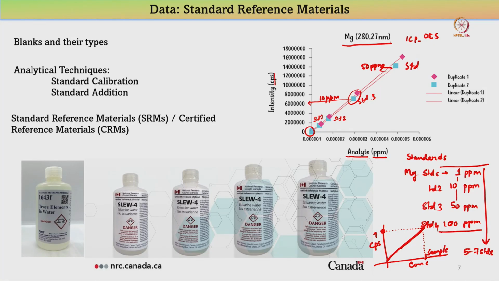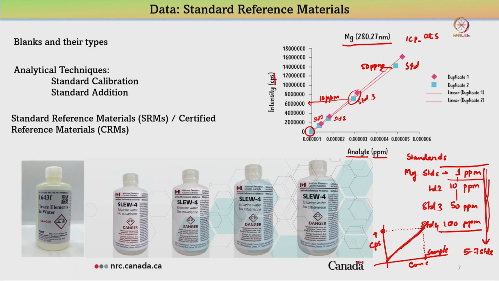Suppose you are measuring a single element, then you will take a pure single element solution, some salt of magnesium, and prepare a solution based on the concentration that you are looking for. So, if you need 1 ppm magnesium, you calculate whatever salt you are using, that much ppm of magnesium should be there in that particular volume that is being measured. Then you are going to prepare the other standards as well.